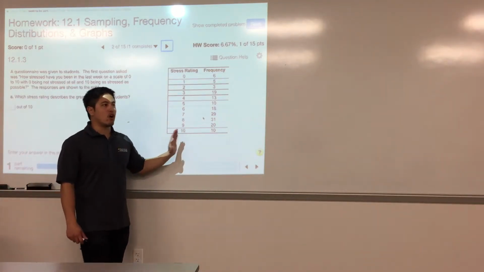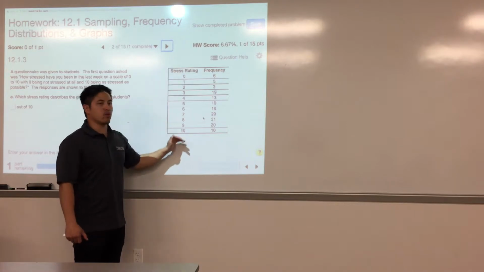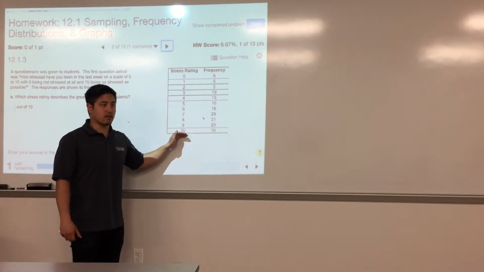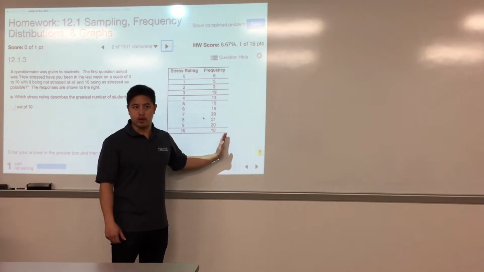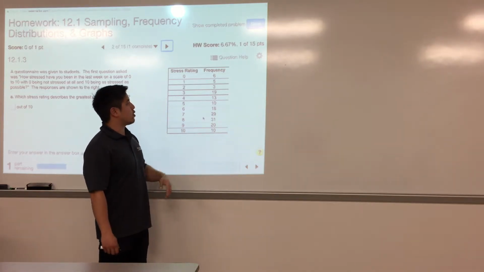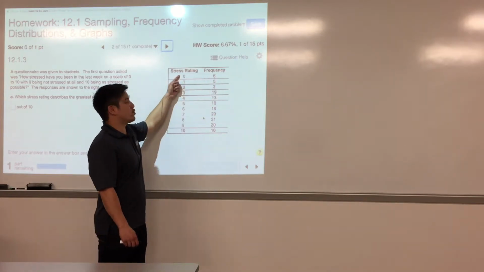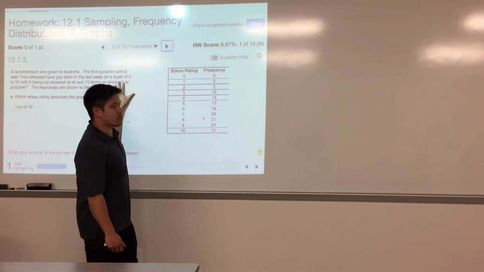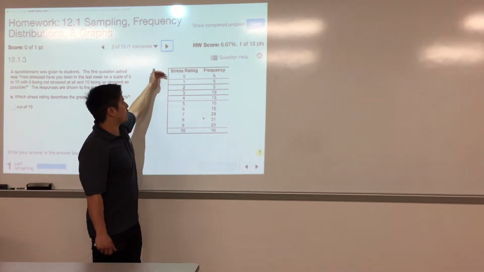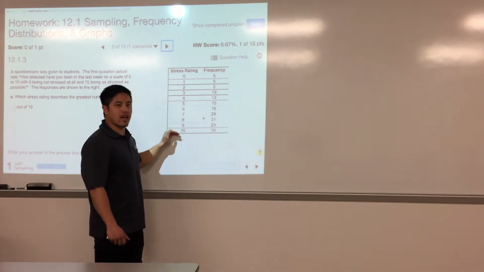On the left is always what you are generally looking for. In this case, we're looking at stress ratings. On the right of it is always going to be your frequency. Frequency relates to how many people or things fall into that category that you're measuring. So in this particular problem, the survey asked to rate your stress from 0 to 10.